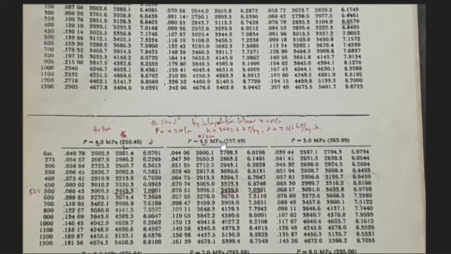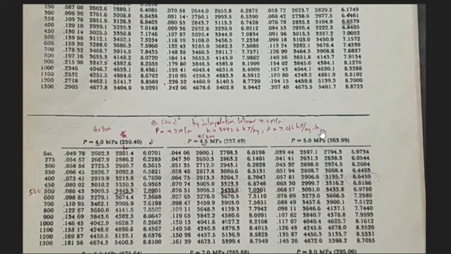Anyway, if we do that, we will get the enthalpy equal to 3,442.6 kilojoule per kilogram, and entropy equal to 7.066 kilojoule per kilogram degree Kelvin. Okay, this is what I used when I taught students more than 30 years ago, and I am still using it.